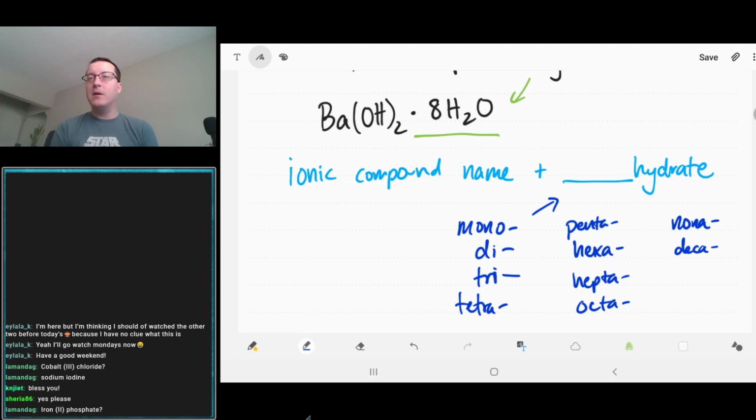So you'll have some prefixes to tell you how many waters are stuck onto your compound. And so in this case, that first thing is barium hydroxide, right?